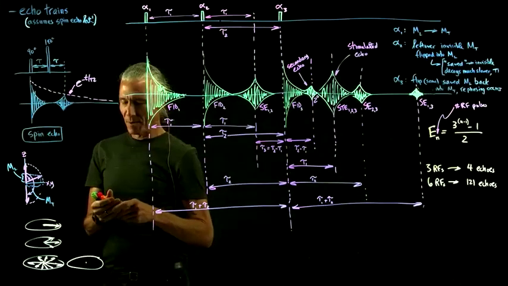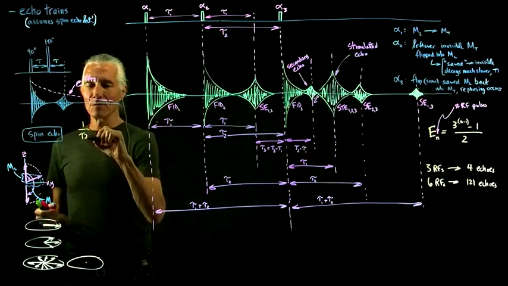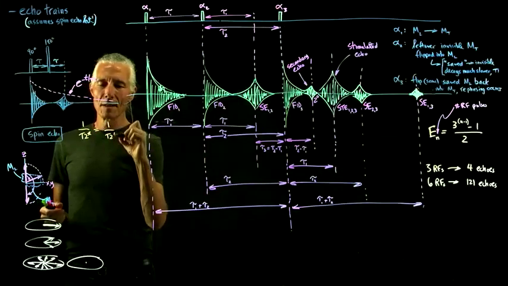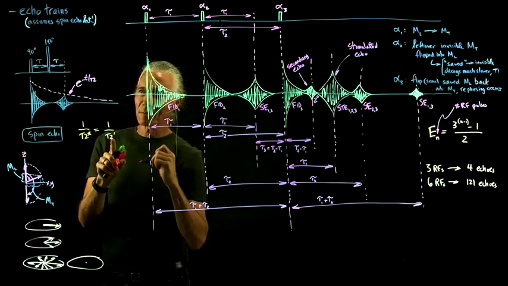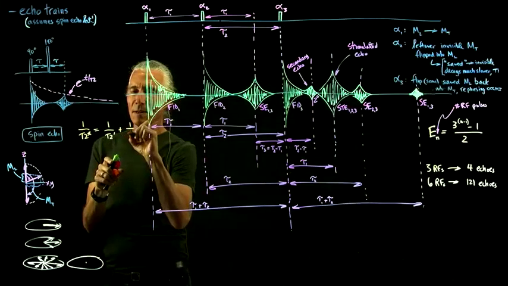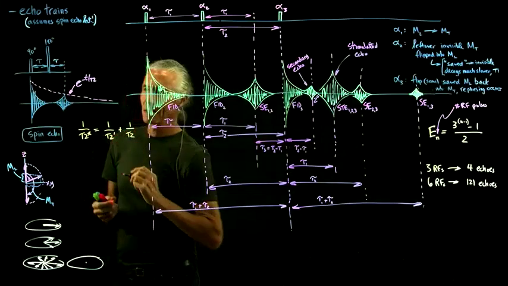So remember, 1 over T2 star, which was everything glommed together, equals 1 over T2 prime plus 1 over T2. T2 prime was the static dephasing caused by the static B0 differences, added on to the dephasing that we can't fix, which was caused by just the jostling business.